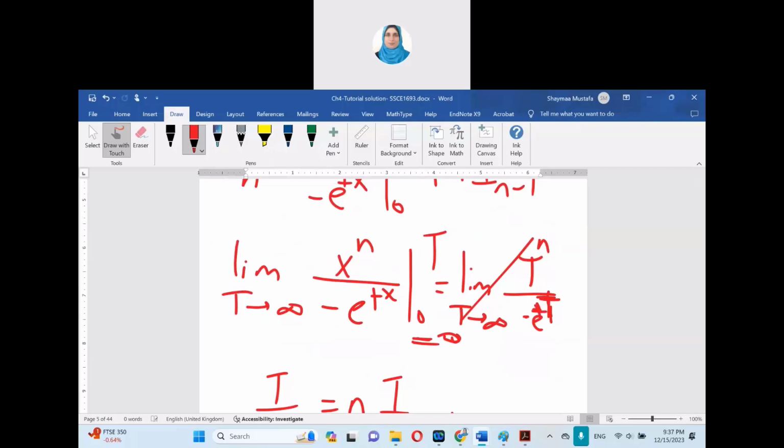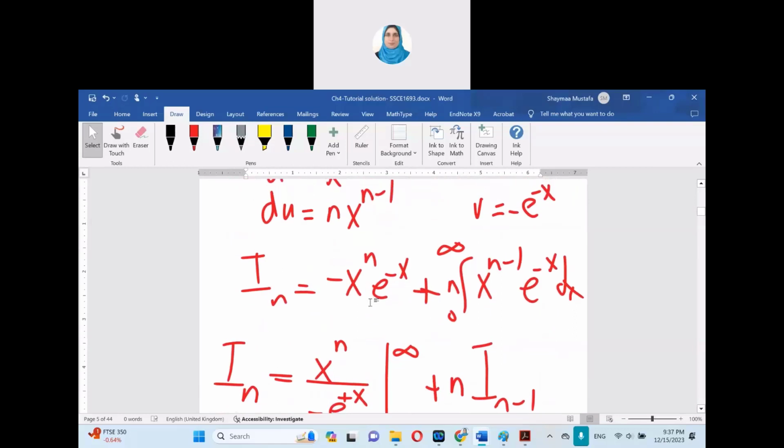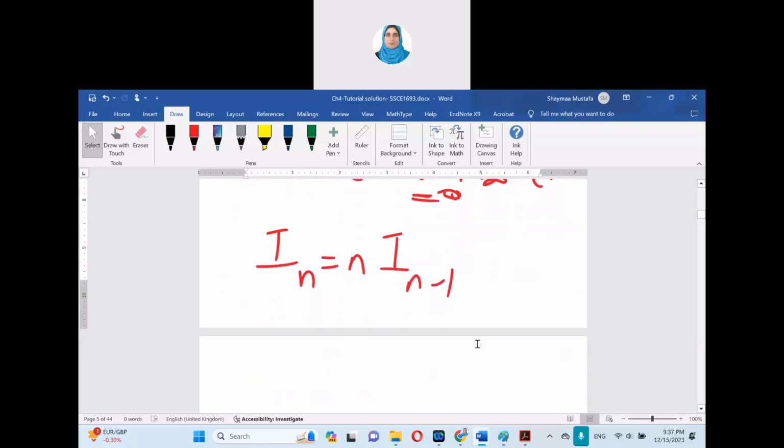Substituting will give you infinity over e to the power infinity, which is infinity over infinity, so you have to apply L'Hopital's rule. Applying L'Hopital's rule, the e to the power t stays when you differentiate many times, but the numerator finally goes to a constant. So this limit should go to 0, and In should be equal to n times I(n minus 1). This is question 12.